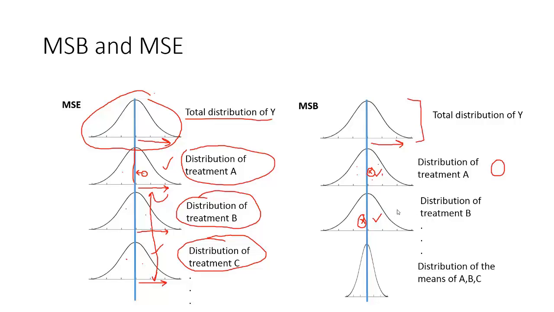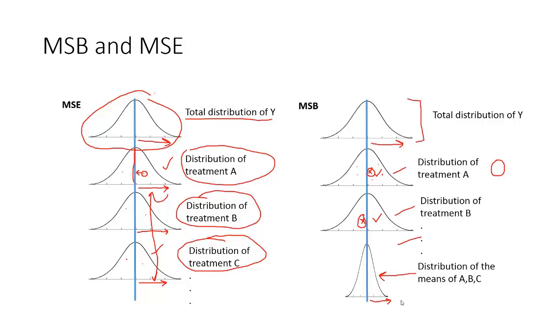If all of these are equal, then you're going to get a new distribution called the distribution of the means of A, B, C. And what is it that we've discussed about the variance of this distribution? We've discussed that as long as you're sampling from essentially the same distribution, because A now looks identical to B, looks identical to C, they all have the same means.